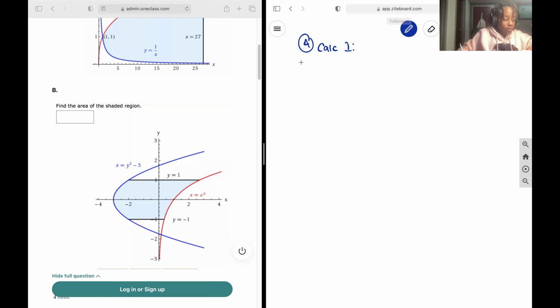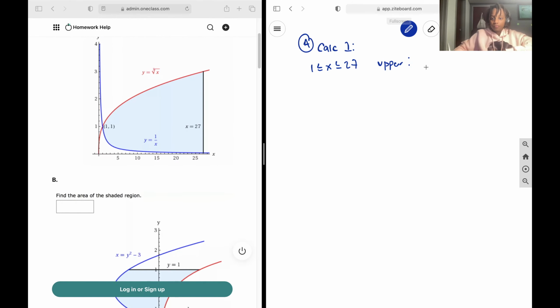So the first method, which is using the upper function and the lower function, we know that our bounds are going to be x is between 1 and 27. Our upper function is going to be the cube root of x, and our lower function is going to be 1 over x.